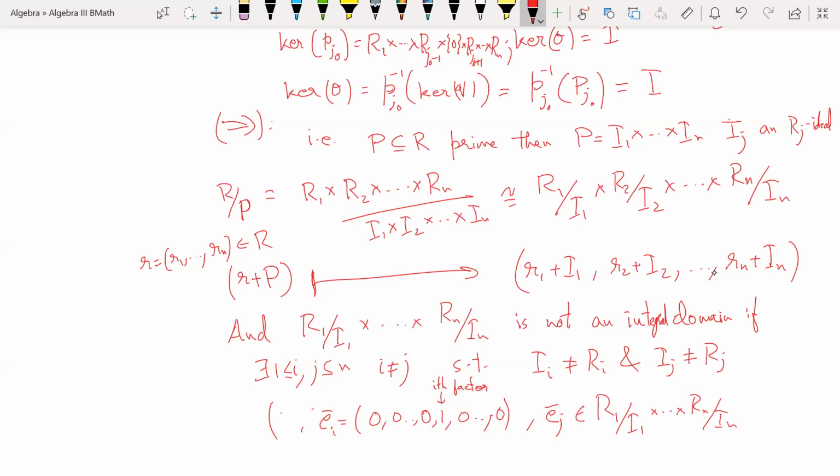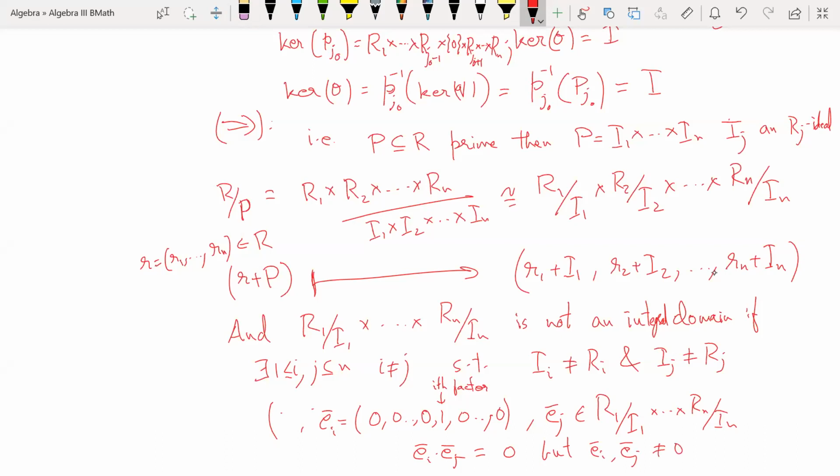So Ei bar and Ej bar will be elements of these two rings, and their product Ei bar times Ej bar is going to be 0, because i is different from j. So this is the 0 element. But these two elements are non-zero. Ei bar, Ej bar are non-zero.